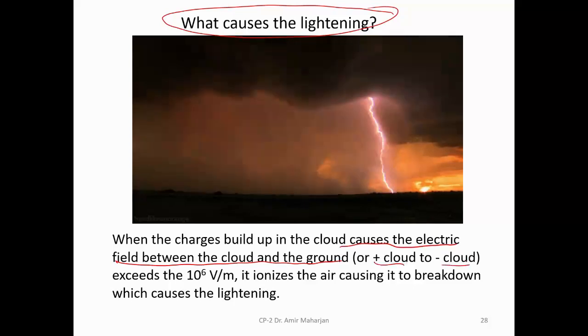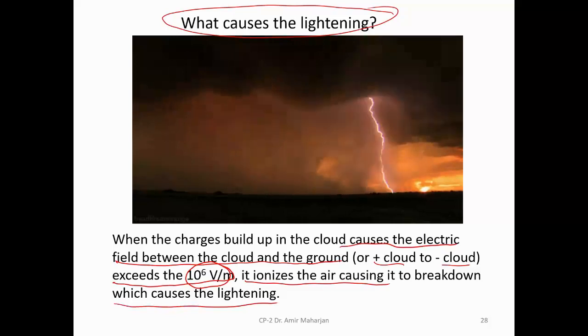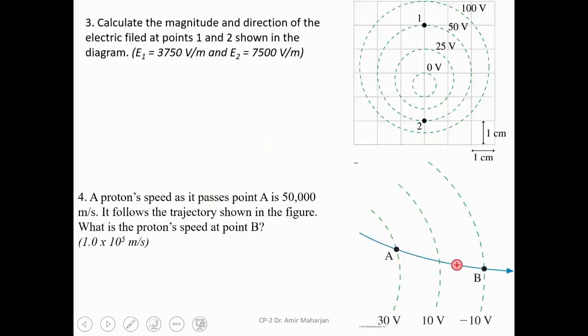And when the electric field between cloud and ground exceeds 1 million volts per meter, it ionizes the air molecules, and it causes the breakdown, and this happens. This causes the lightning. So lightning is basically the sudden dumping of electrical energy to the ground due to the intense electric field. So there are some examples of equipotentials.